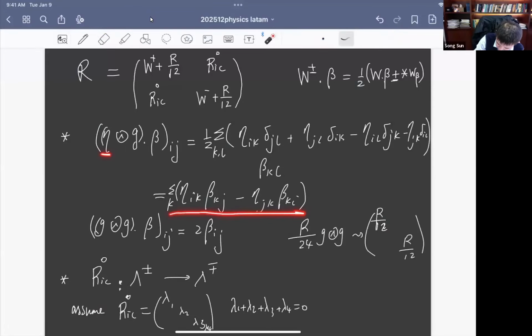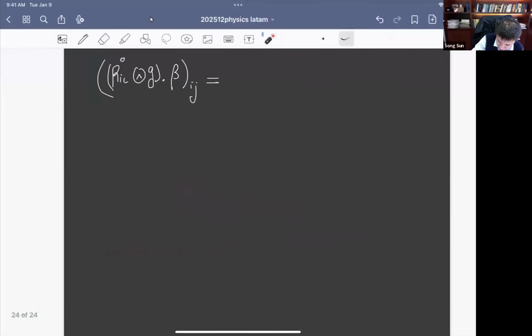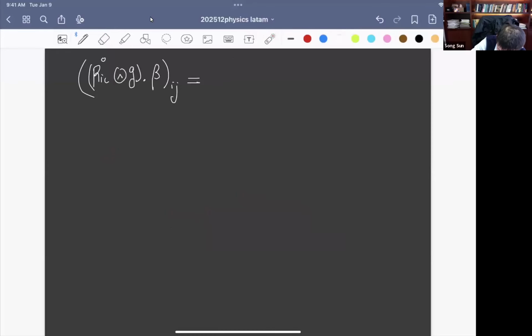Now eta is the traceless Ricci, and this is diagonal, so you know that it has to be a multiple of delta ik, similar to this but with a coefficient. What you get is lambda i plus lambda j times beta ij. For each term, there's a coefficient, right? The traceless Ricci.